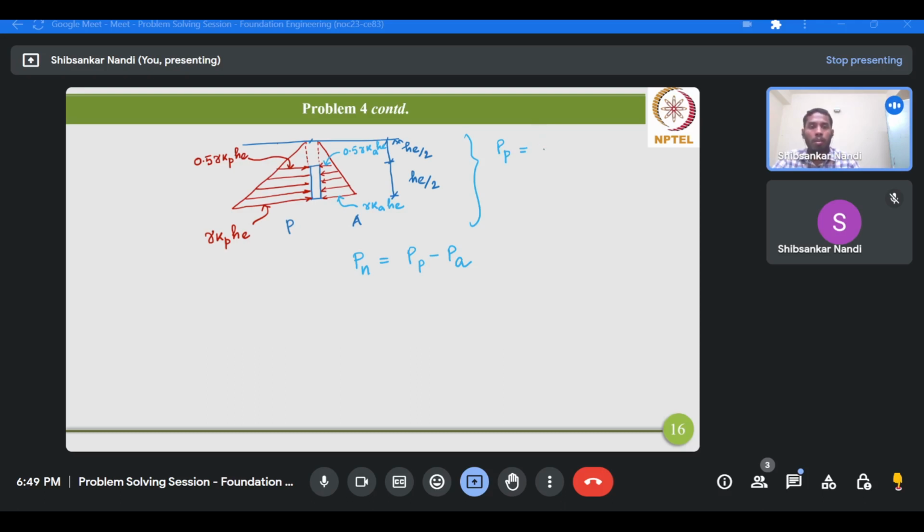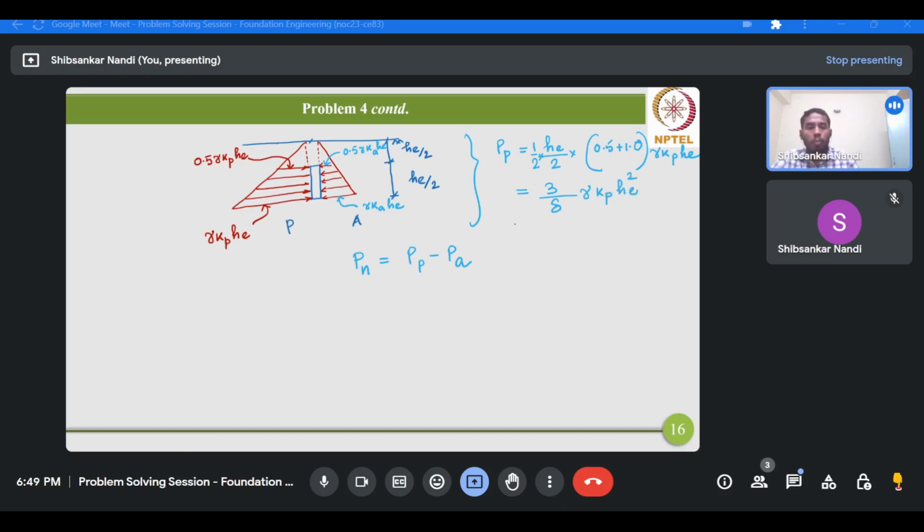So PP will be Hg by 2, half multiplied by 0.5 plus 1, sorry, 1.5 gamma Kp Hg. So therefore, 1.5, that is 3 by 8 gamma Kp Hg square.